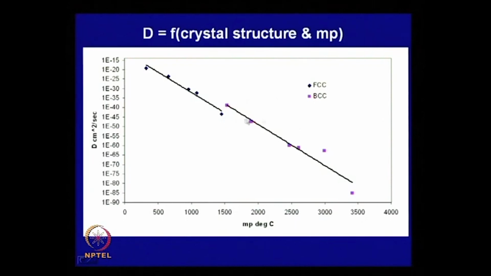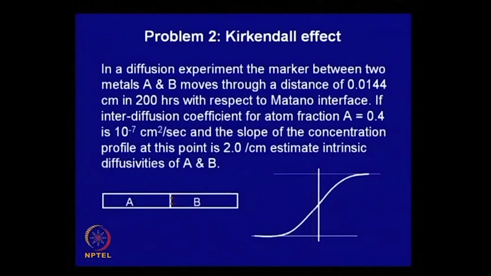This is primarily because there is more open space in a body centered cubic lattice. So, these are the two conclusions which are quite important, and this often helps you to know about diffusivity of metals where the data are not available.